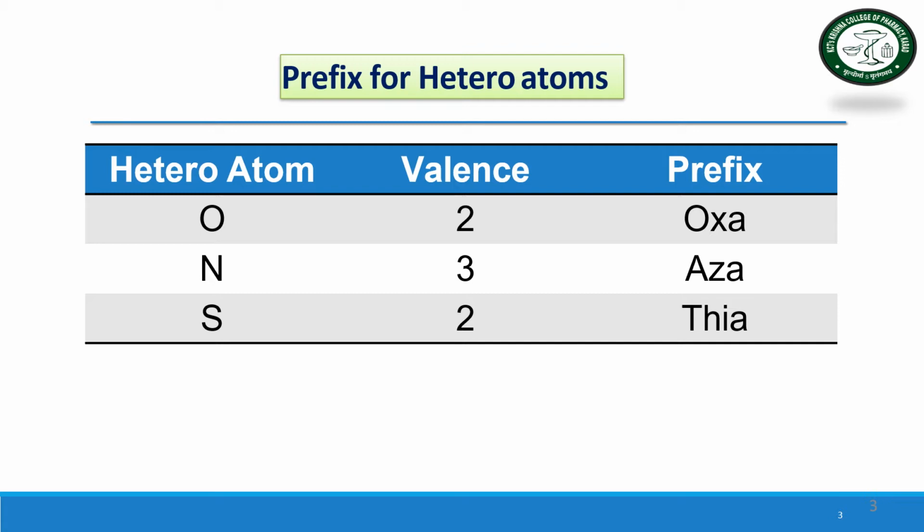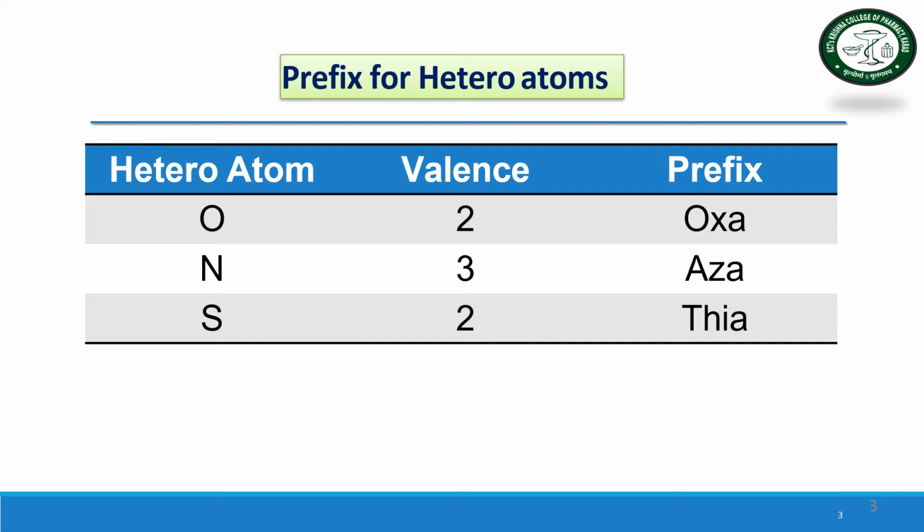The prefix used where oxygen is present is oxa. Second atom is nitrogen. Valency is 3. Prefix used is aza. Number 3, sulfur. Valency is 2 and the prefix used is thia.